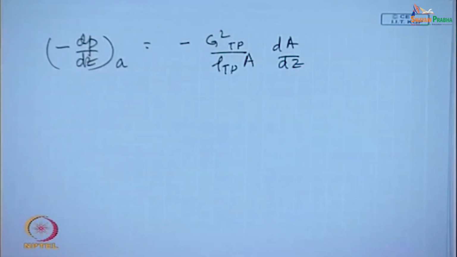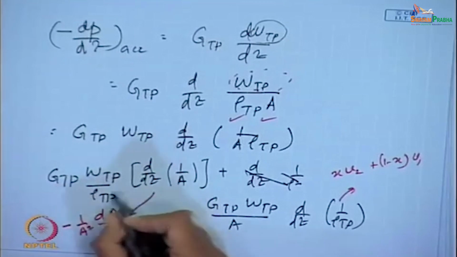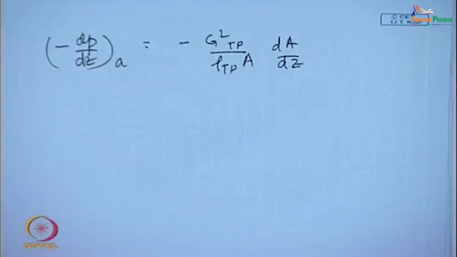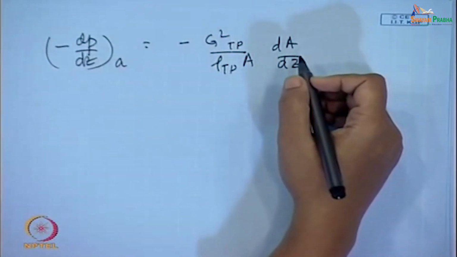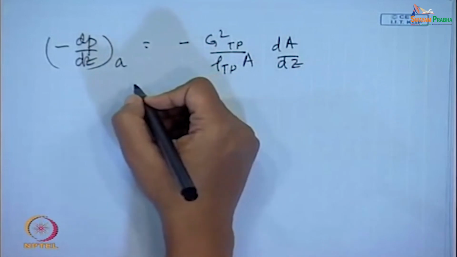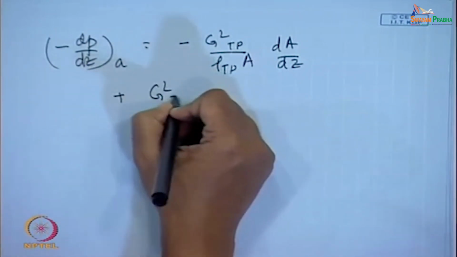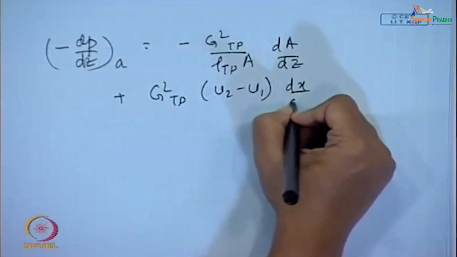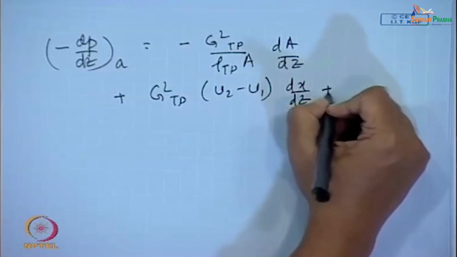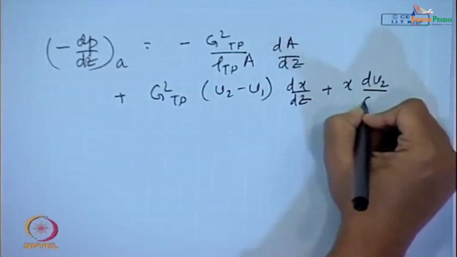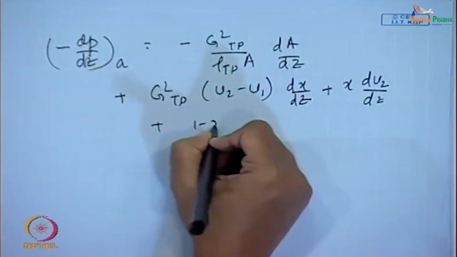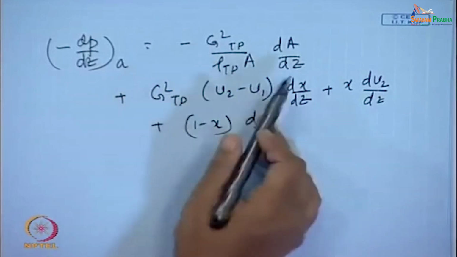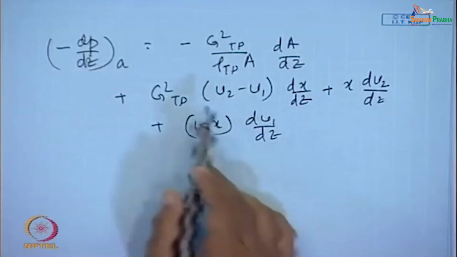One of the A's has been taken up here, one of the A's has been taken up with WTP to give you a G square, and one of the A's is remaining. Okay. And the other term, if you do it, is G square Tp times V2 minus V1 dx dz plus x dV2 dz plus 1 minus x dV1 dz. Just see whether you are getting all these 5 terms or not.